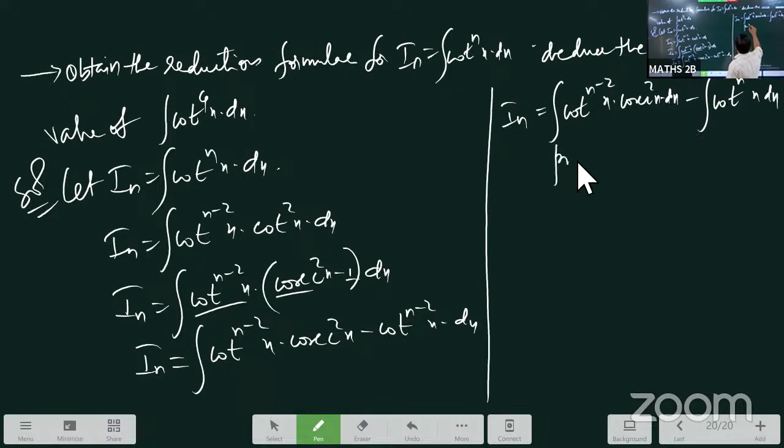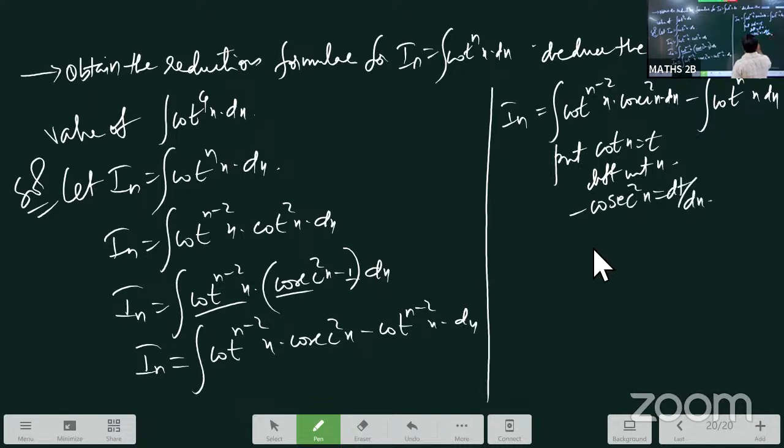Now, put cot x equal to t, only cot x. Now differentiate with respect to x. Minus cosecant square x equal to dt by dx. Then dx equal to minus dt by cosecant square x.